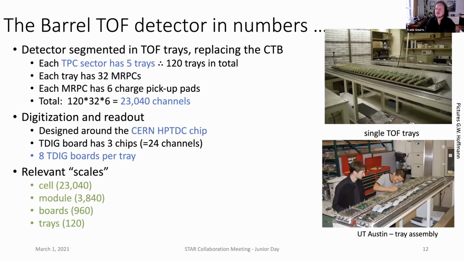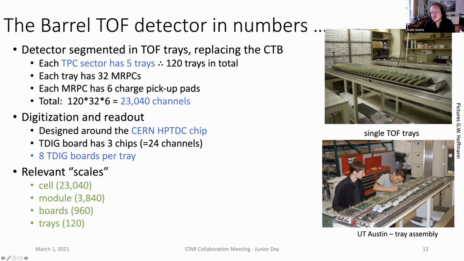So the detector is segmented in these TOF trays, which replace the CTB, the central trigger barrel. What you should know is that each TPC sector basically has 5 of these trays at the end. That results then in these 120 trays in total.